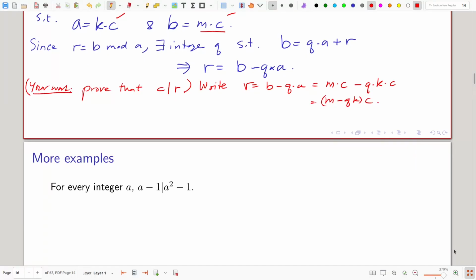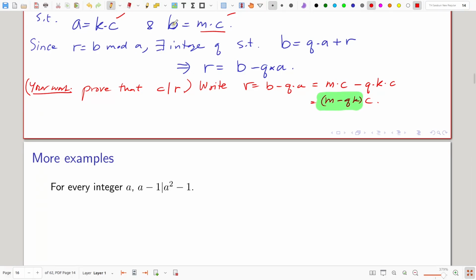To show that C divides R, we use other facts to come to this. But is this enough to say C divides R? Not yet. You missed something. What else do you need to say? Otherwise, anything would divide anything if you miss this. Yeah, you need to say that this guy is an integer, right?